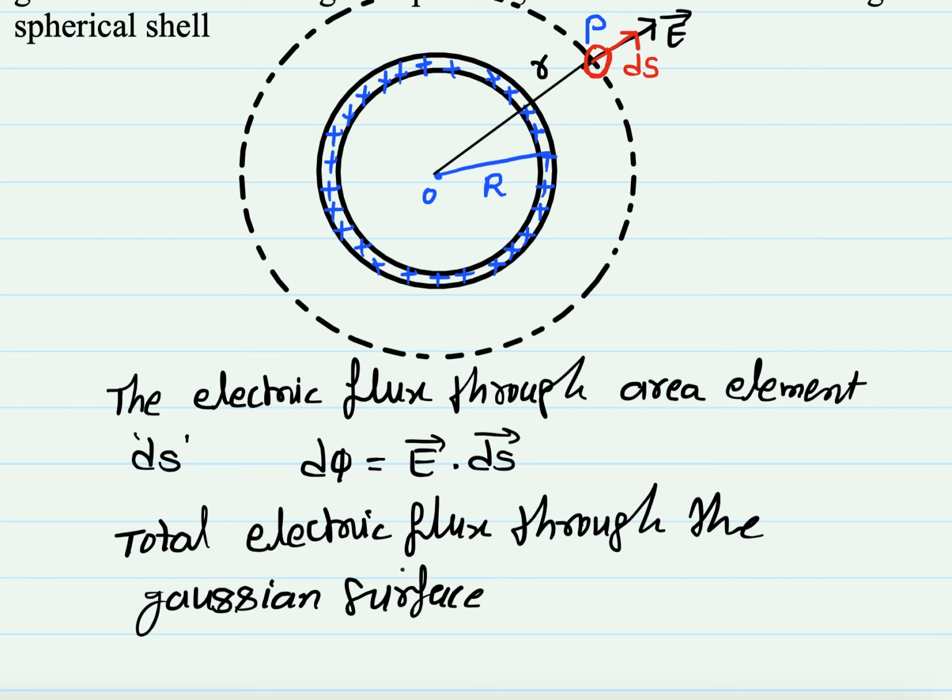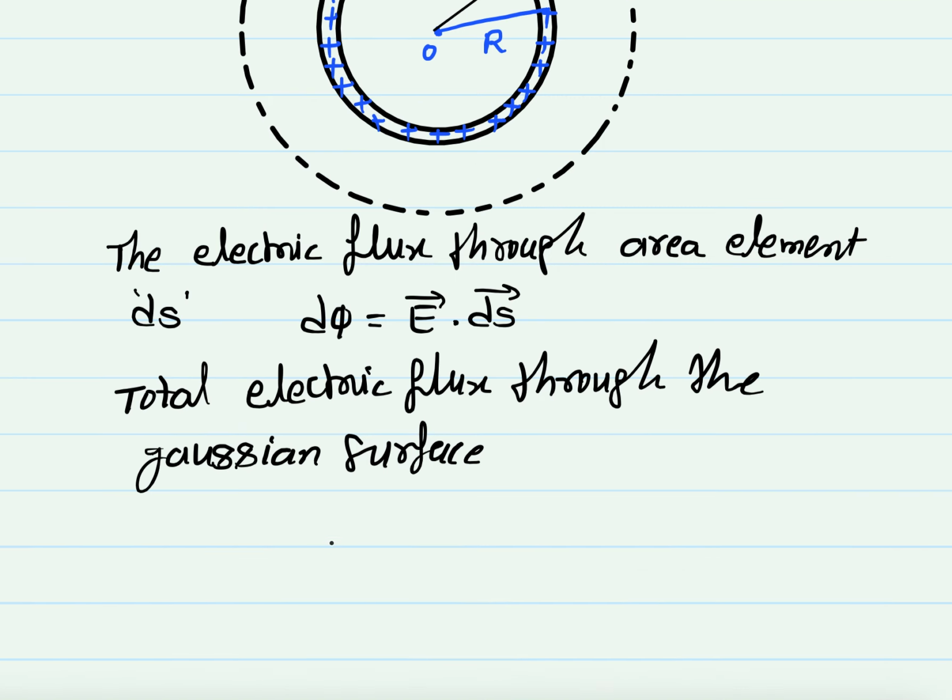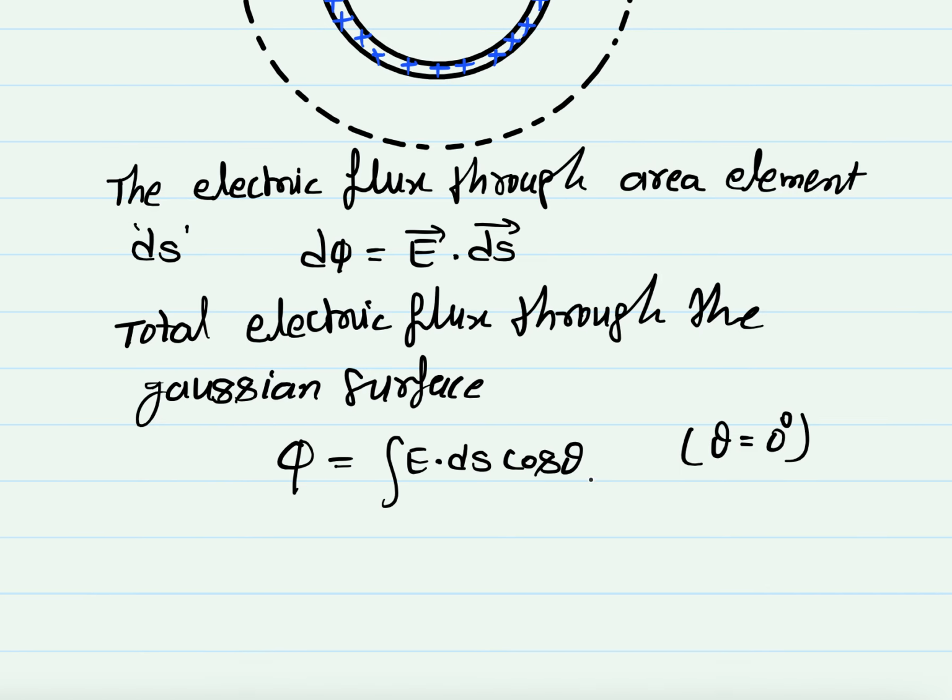The total electric flux through the Gaussian surface: flux phi is equal to integral E dS cos theta. Here theta becomes 0 degrees because both are parallel to each other. Cos 0 becomes 1, so flux phi is equal to integral E dS.